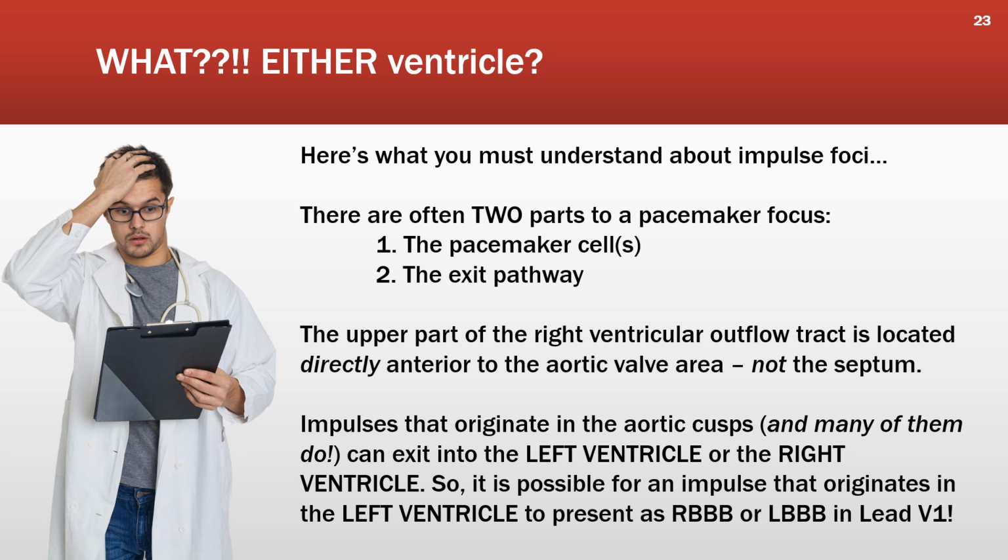So it is possible for an impulse that originates in the left ventricle to present as right bundle branch block or left bundle branch block in lead V1. And this is not due to the location of the actual pacemaker cells themselves, but to the exit pathway.